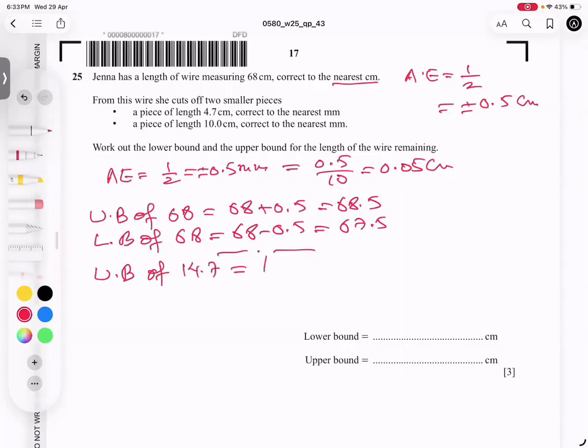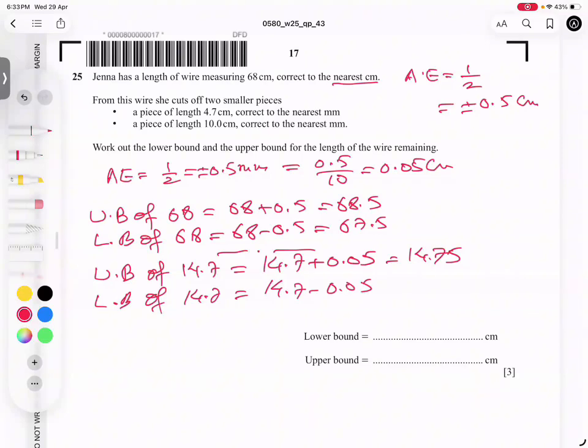So what is the upper bound? 14.7 plus 0.05, I'm getting 14.75. And what's the lower bound, students? The lower bound of 14.7 is 14.7 minus 0.05. So you know it very well. When I subtract 0.05, it gives us 14.65.